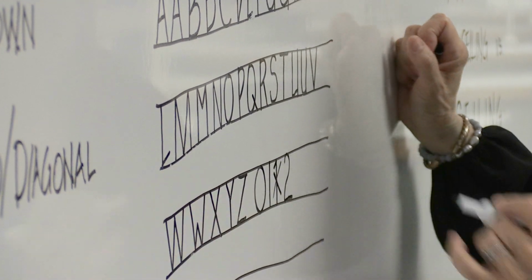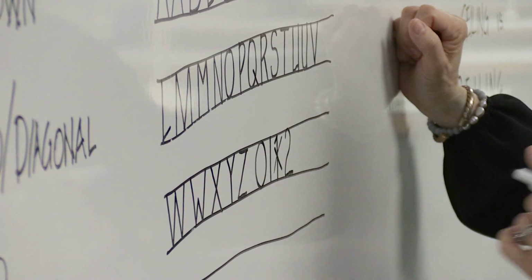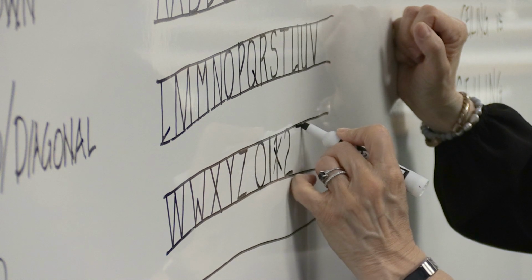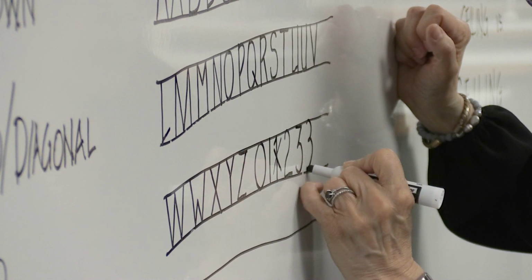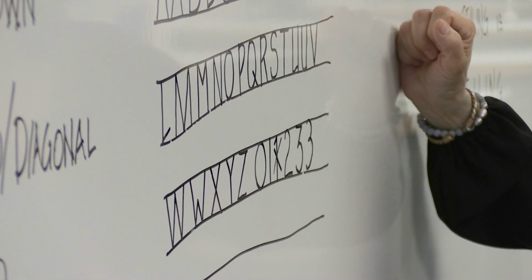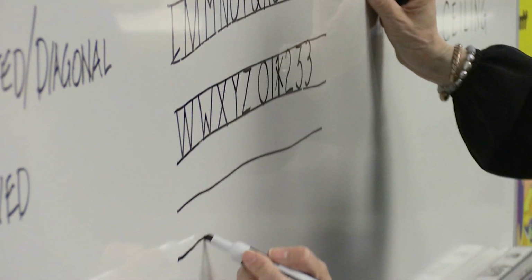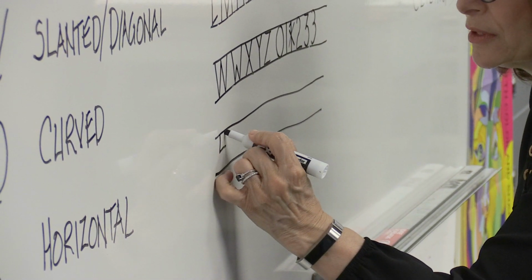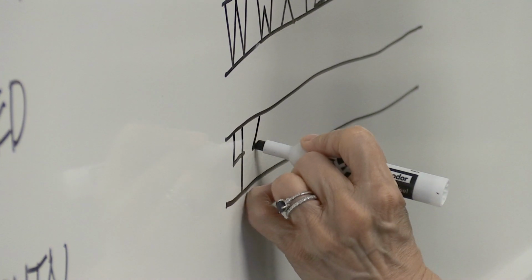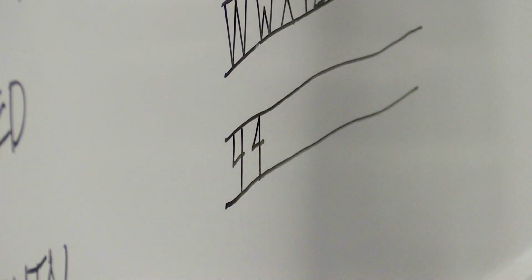2, try not to do loops. Keep them nice and straight. A 3 can either be like this or like this. Our 4, again, just decide, are you going to do a 4 like this or more triangular?